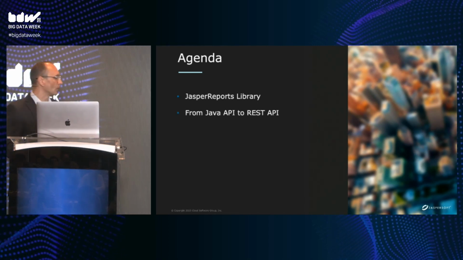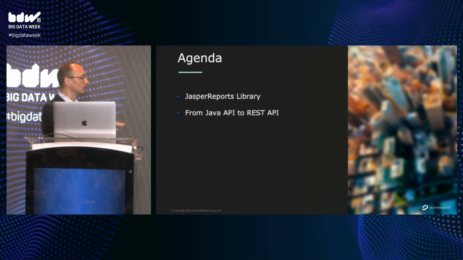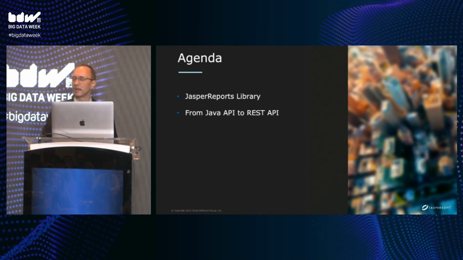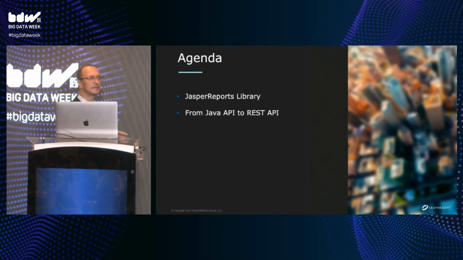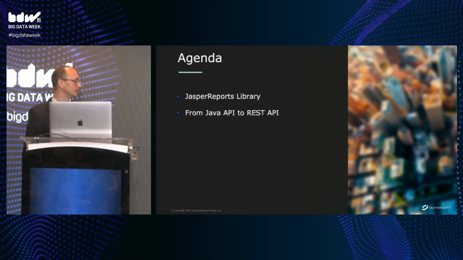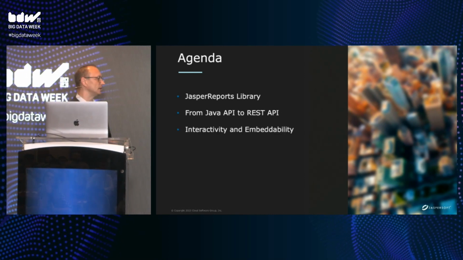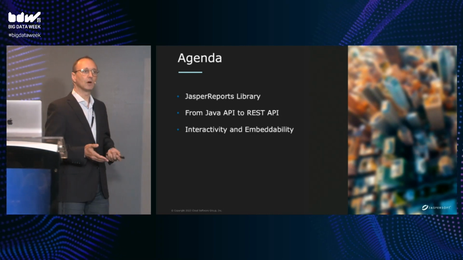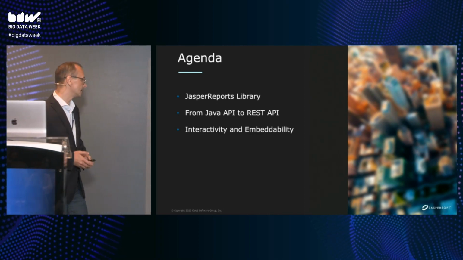Then we're going to see its evolution from a Java library towards a REST API, to open up to other platforms and technologies. We're going to talk about interactivity and embeddability of our reports and visualizations.